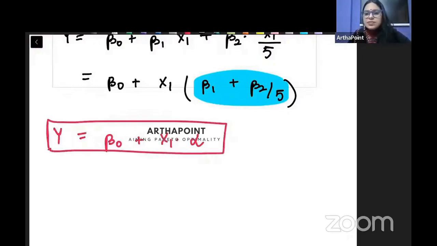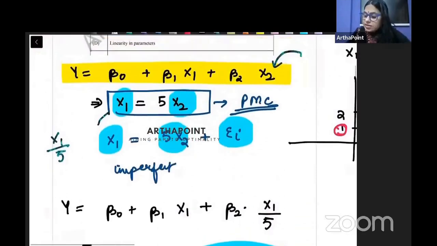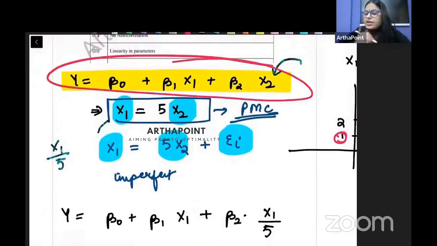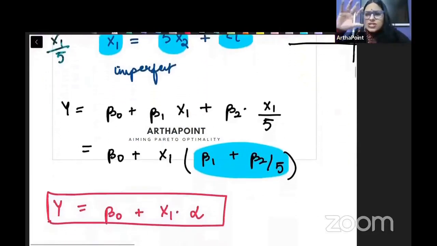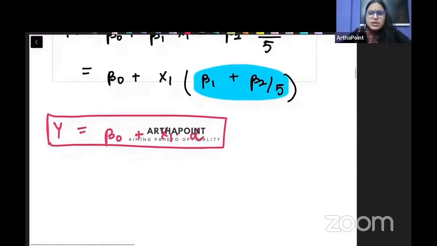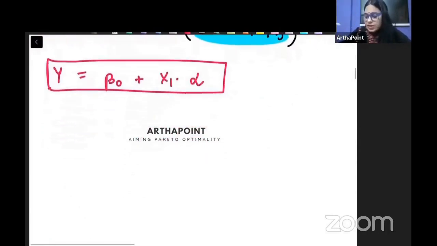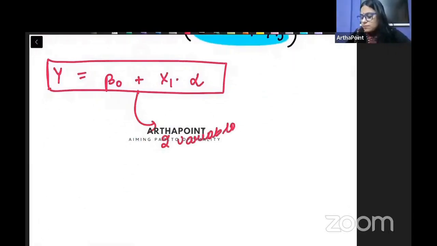What does this mean? It means that I had started with a 3-variable regression model: Y, x1 and x2, two independent variables and one dependent variable. Y was dependent on x1 and x2. But by simplifying this model a bit, I converted it into a 2-variable regression model.